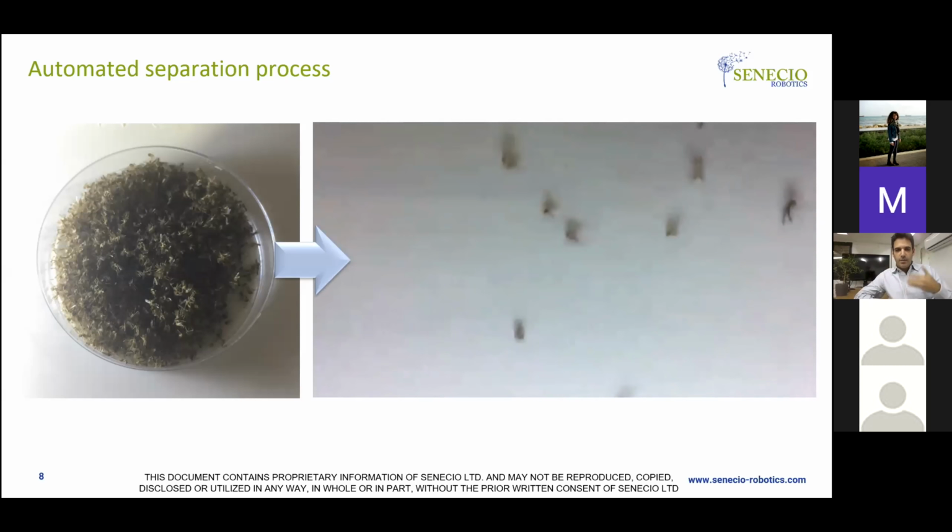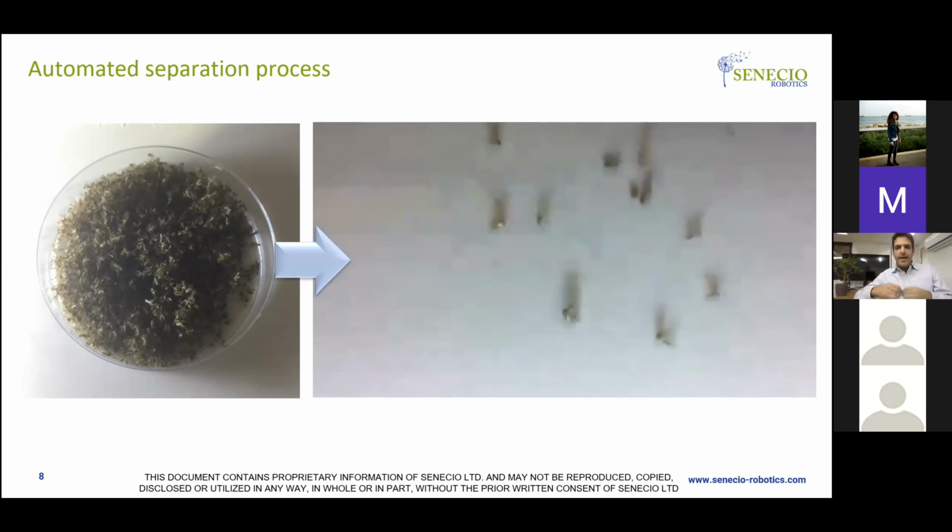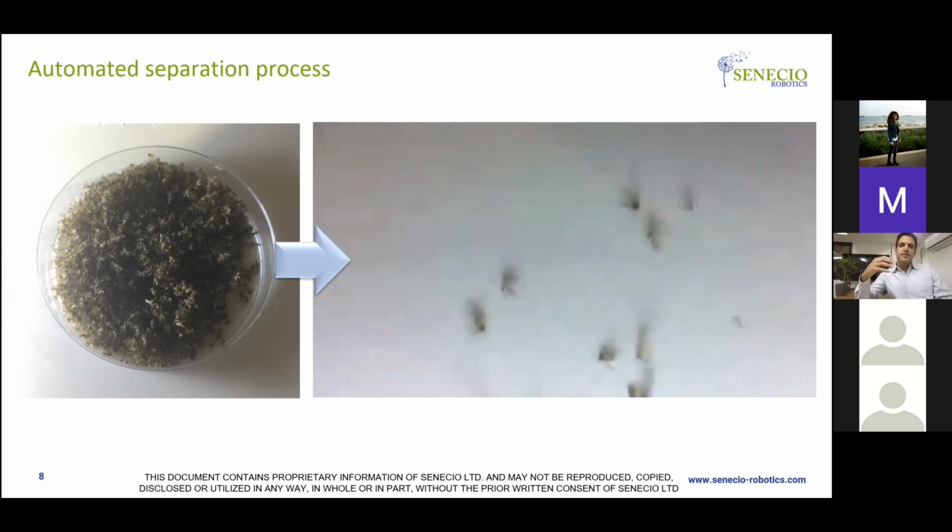You can see how they are moving nicely separated on the conveyor. The machine separates them from one another, enabling the system to take shots from above such that you can actually see different features of each mosquito.